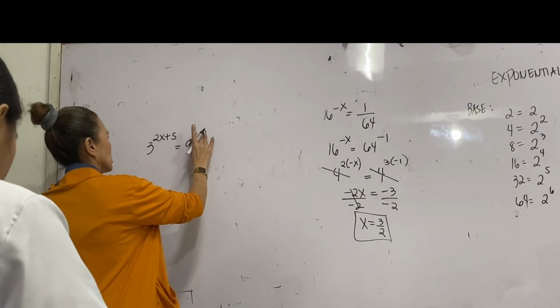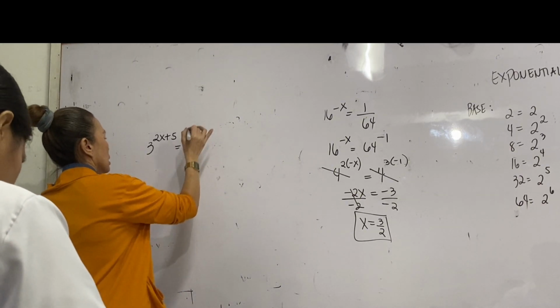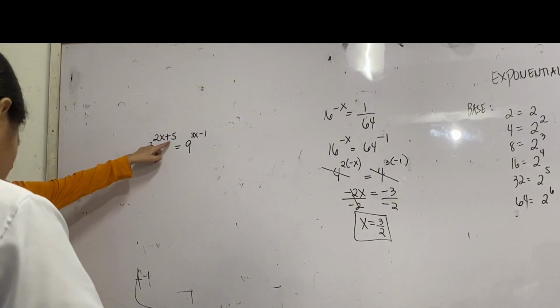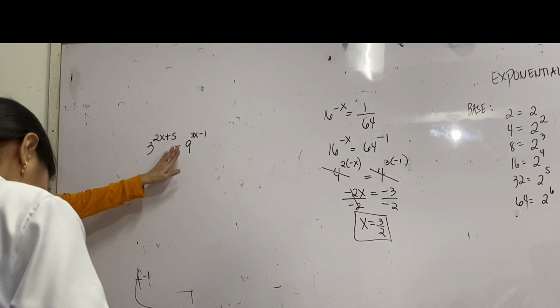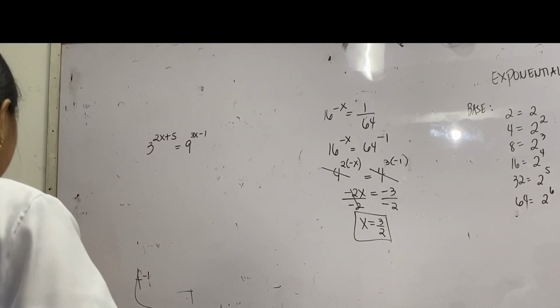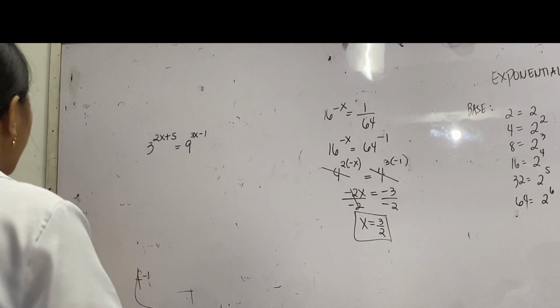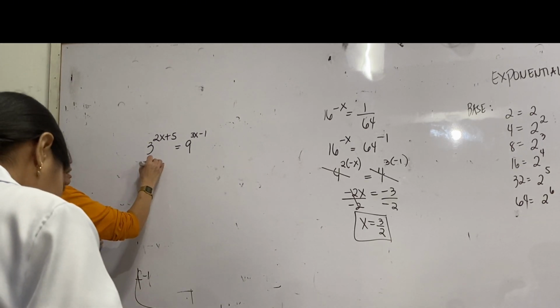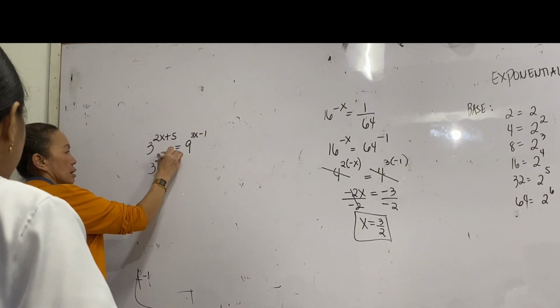So we have now 3 raised to 2x plus 5 is equal to 9 raised to 3x minus 1. Saan daw sila pwedeng mag-meet na base? Sa 3. Okay, so we have 3, 2x plus 5.